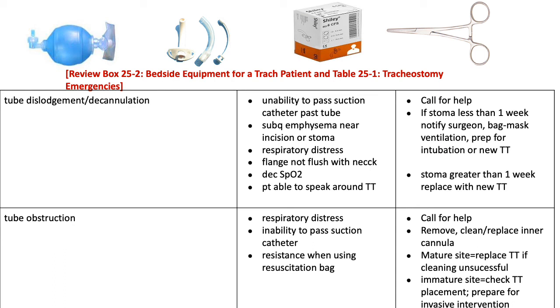You'll need those hemostats to keep the stoma open to insert another tube. You would also need to have a tracheostomy tube that is the same size that the patient currently has and one that's a size smaller in case you can't get the same size back in.